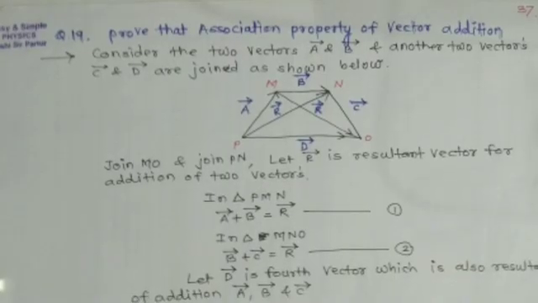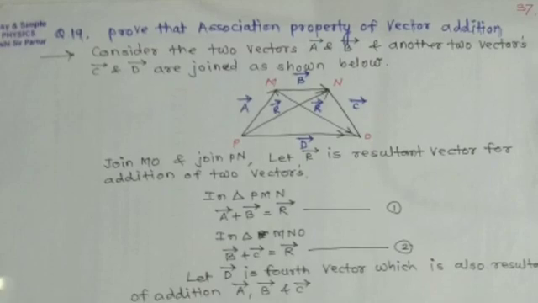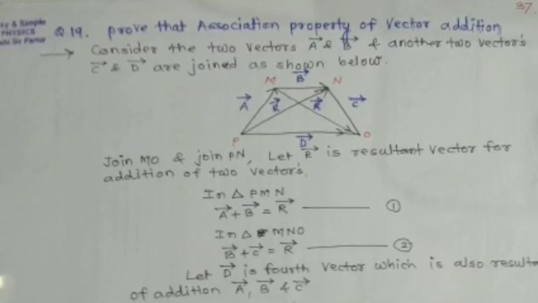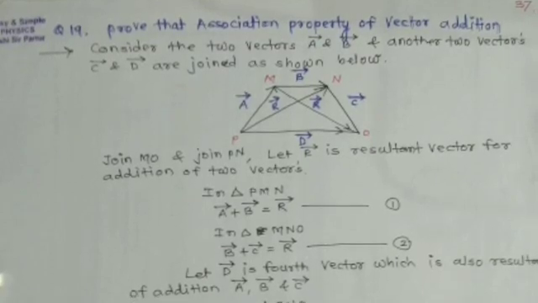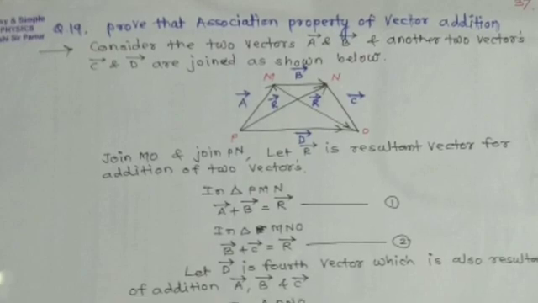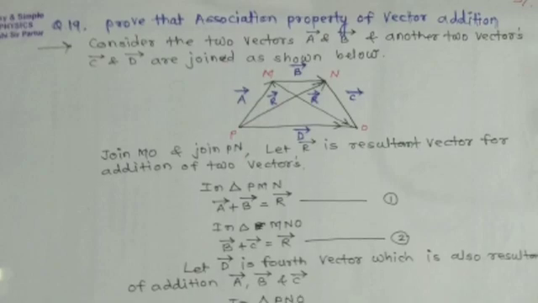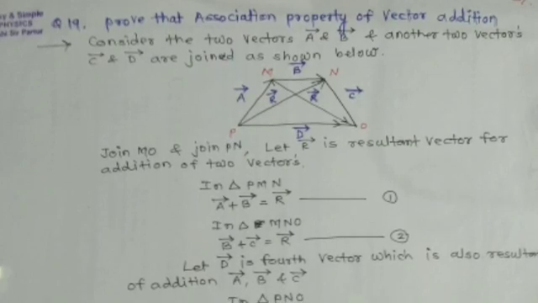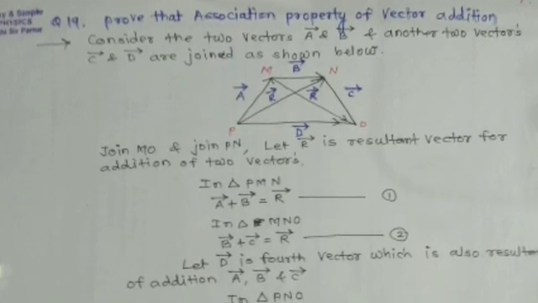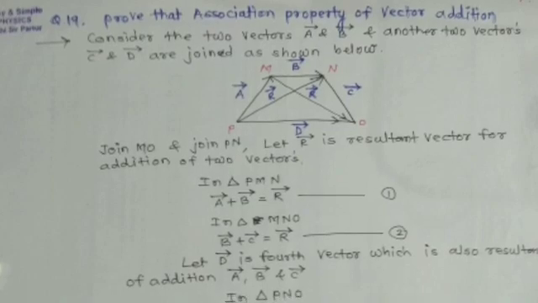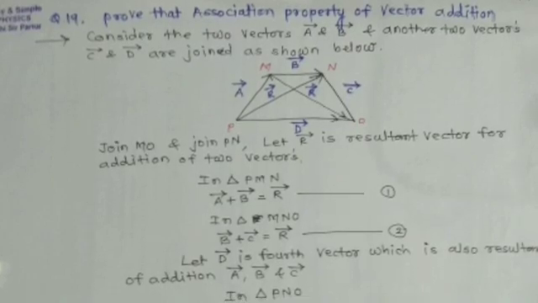Question number 19. Prove the associative property of vector addition. Its answer will be: consider two vectors, vector A and vector B, and another two vectors, vector C and vector D, joined as shown in the figure.